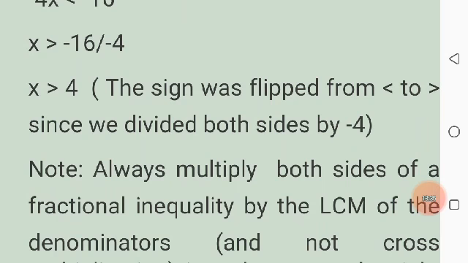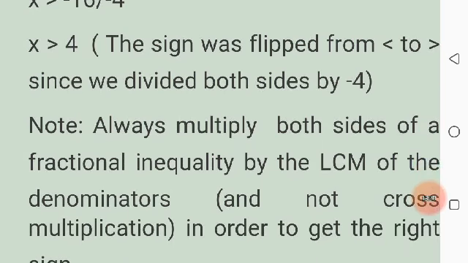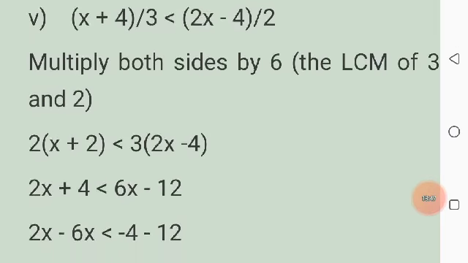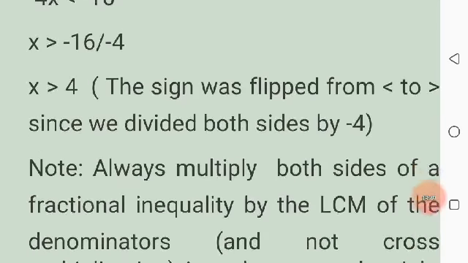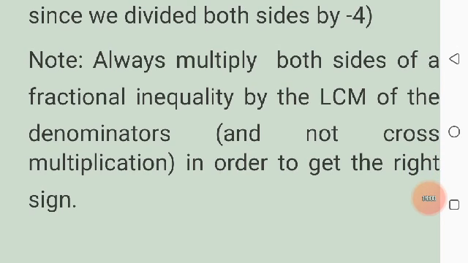So take note that you always multiply both sides of a fractional inequality, like this number 5. So you multiply the fractional inequality by the LCM of the denominators and do not cross multiply, so that you can get the right sign in the final answer.